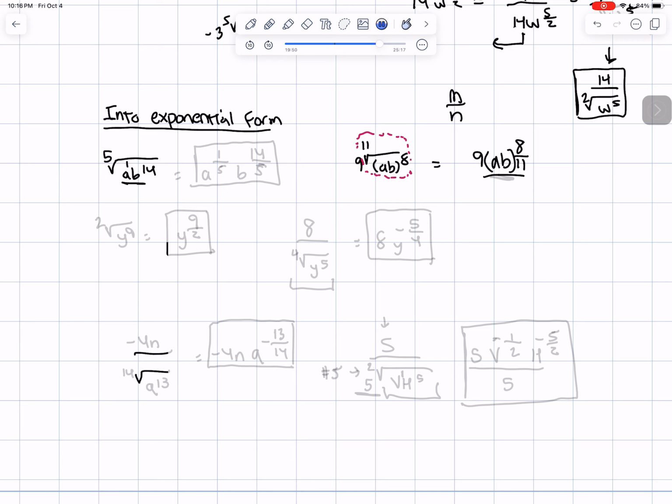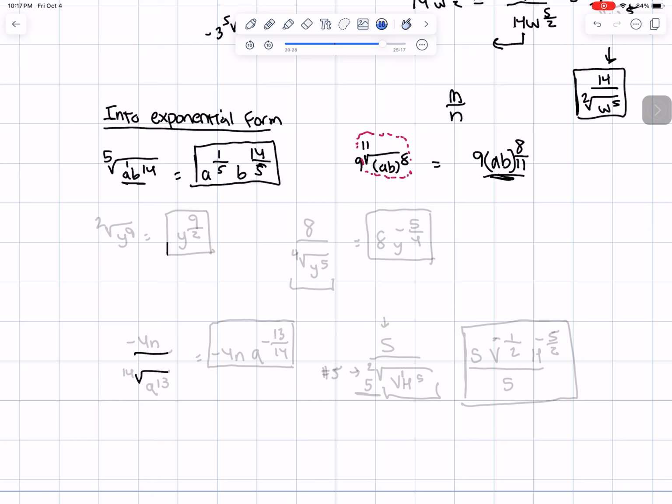So I would write this as a to the 1 over 5, because remember, if there's no number associated, you write 1, and you write b, and then my m here is 14 over 5. So they have the same denominator. So just keep an eye out when you're doing the homework, if it has parentheses like this guy, you have to keep it together. But if it doesn't, you have to write them as 2 separate exponents because they're not together. Okay.